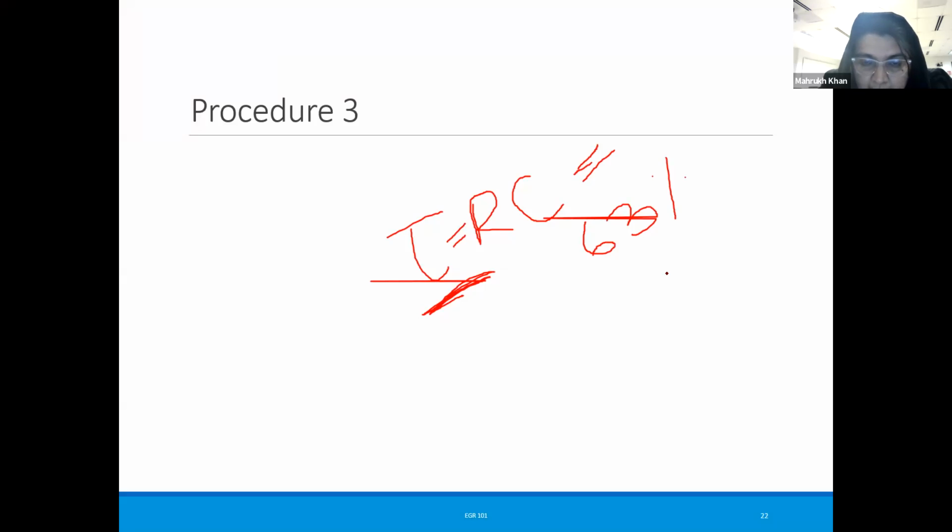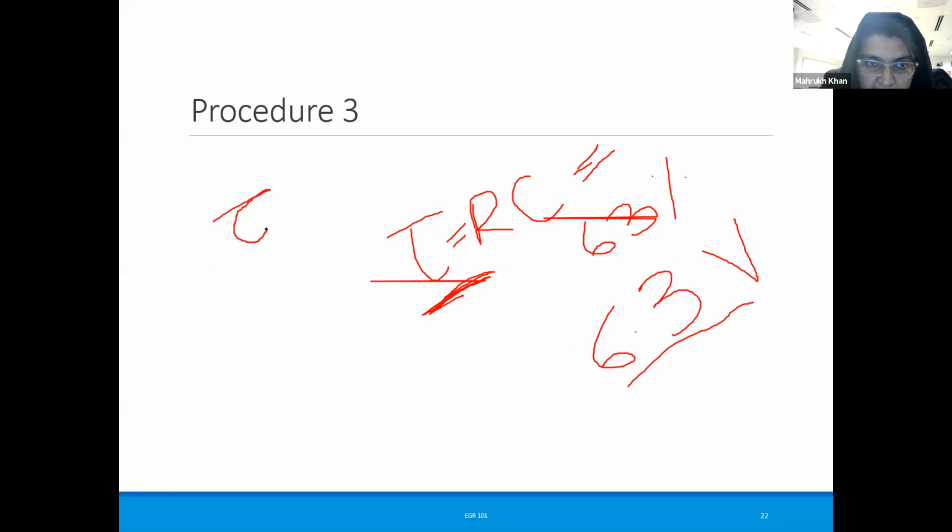Which means that if you are giving it 10 volts, it will be charged to 6.3 volts, right? So once you have this 6.3 volts, you can take that time and divide by your R. That will be your value of C. Okay?